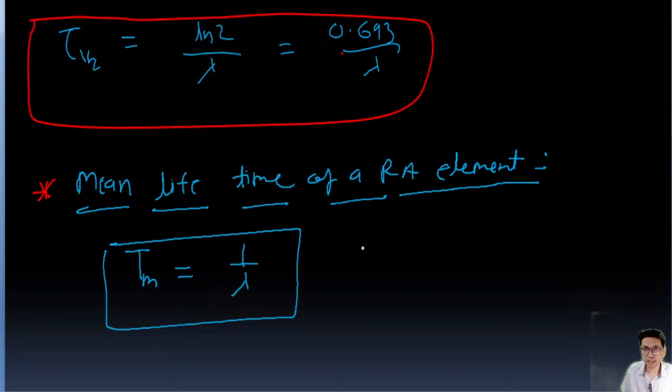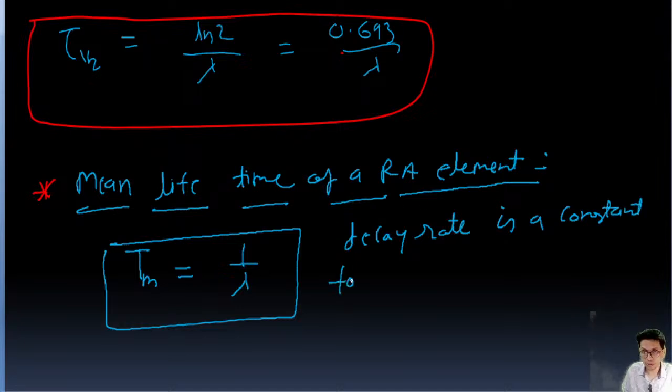So decay rate is a constant for each element. Decay rate is constant for each element.